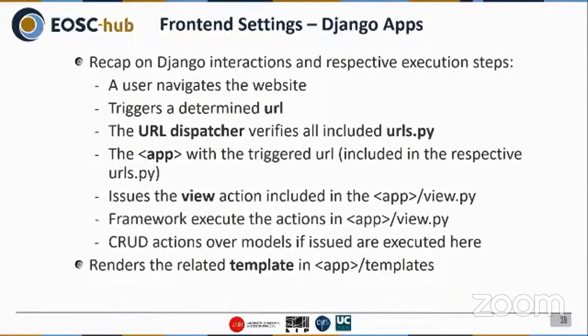Finally, a recap on Django interactions and respective execution steps. A user navigates the website, it triggers a determined URL, the URL dispatcher verifies all included urls.py URLs, and the app with the triggered URL is issued.